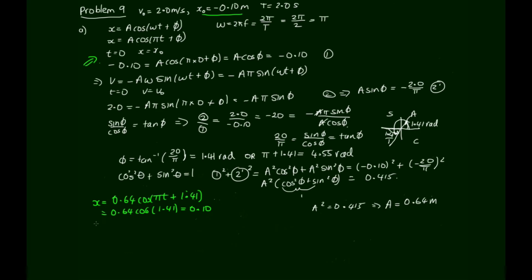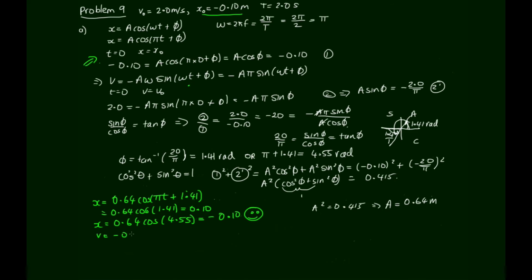So let's check 4.55. So in that case, we've got x is equal to 0.64 cos, and here we'll use t equals 0 again, but we'll put in 4.55. And then when we solve this on the calculator, we end up with minus 0.10. So that's good. Okay, and then just to double check, let's look at V. So V is equal to minus a omega. That's from this line up here.